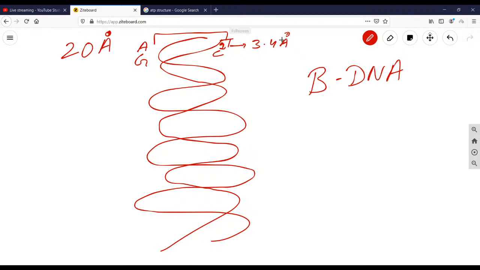And in each turn, this is one turn, second turn, third turn.